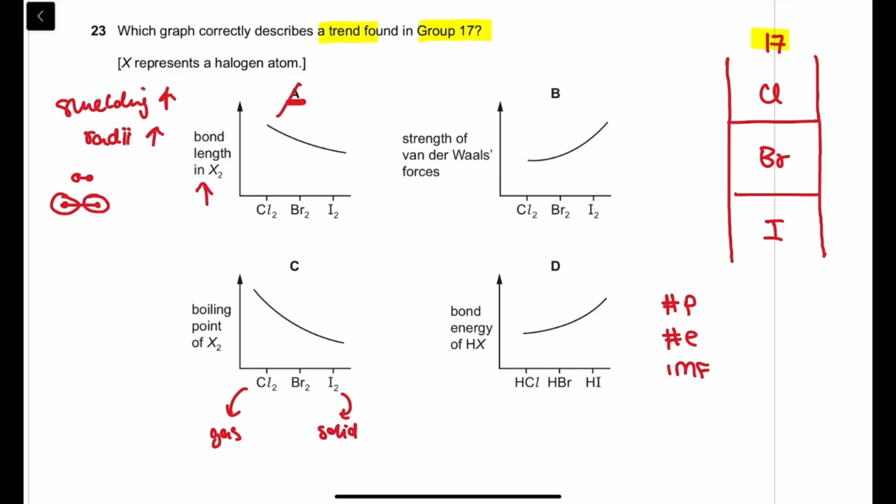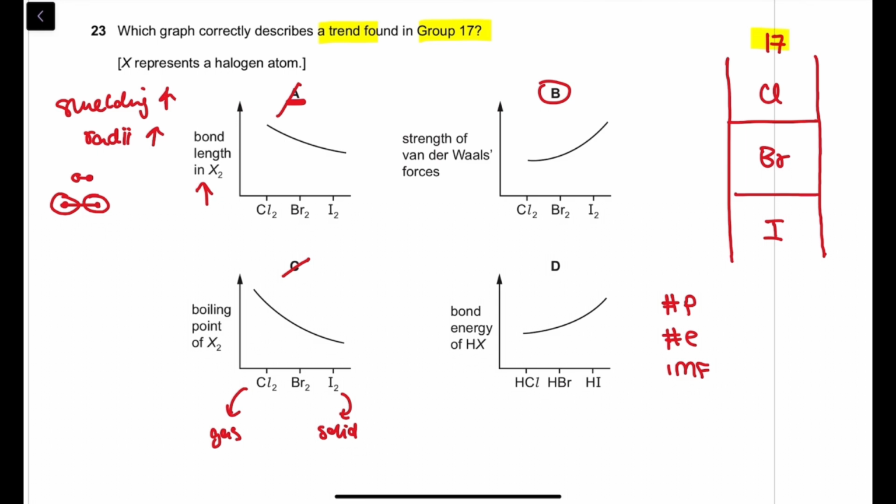If we take a look at C, it says the boiling point decreases as you go down the group, but this is also incorrect because chlorine is actually a gas and iodine is a solid. That is also due to the fact that the strength of the intermolecular forces increases as you go down the group, so the answer must be B, but we'll take a look at why in a bit more detail.